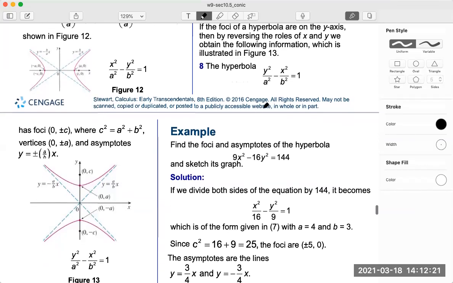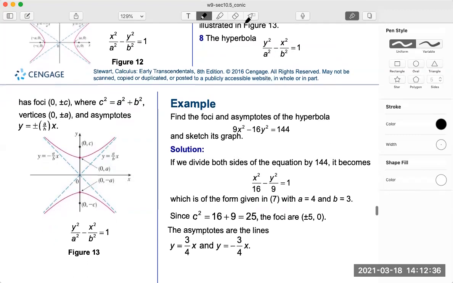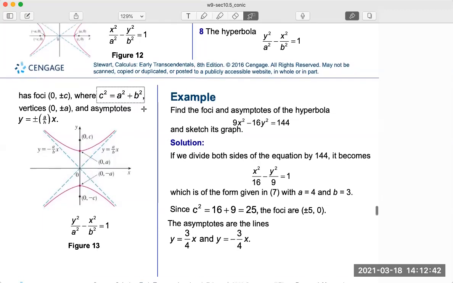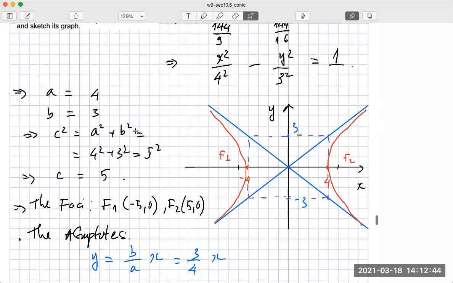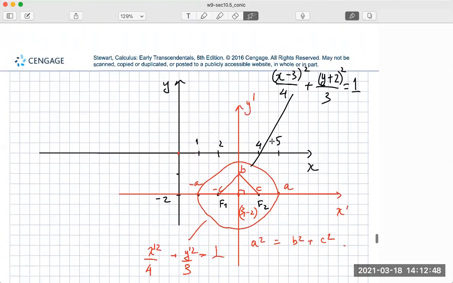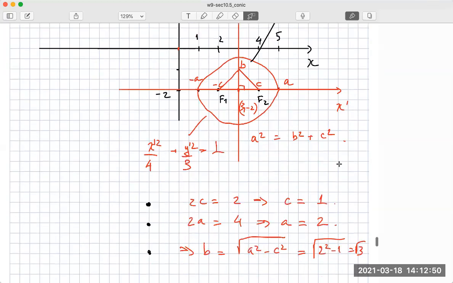But in the other way around, when the 4Cs are on the y coordinate, we denote A as the number below the y here. So that you can simply memorize the numbers A and B and C, and it helps you not mess things up.